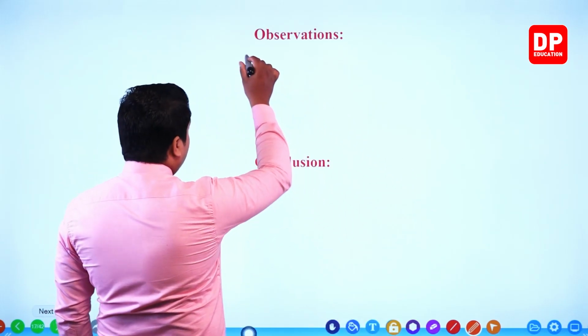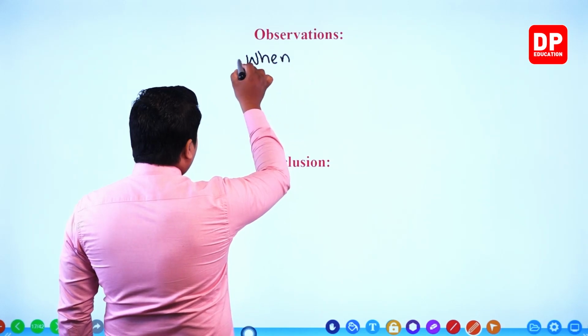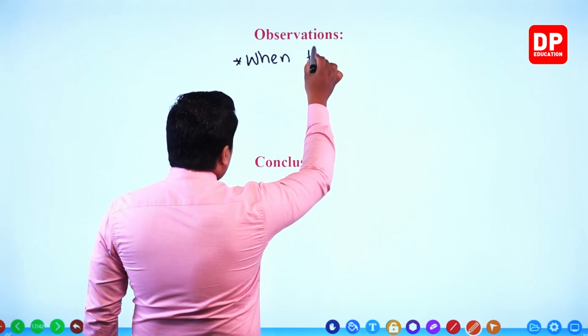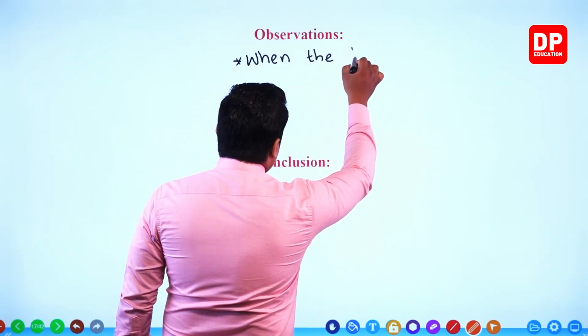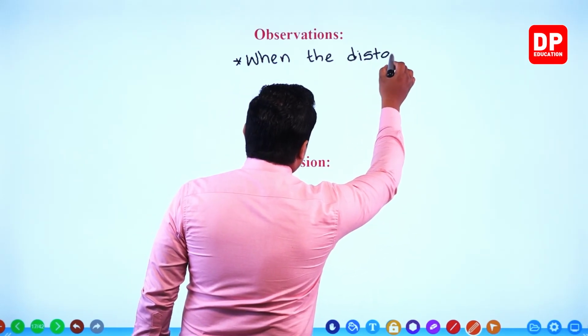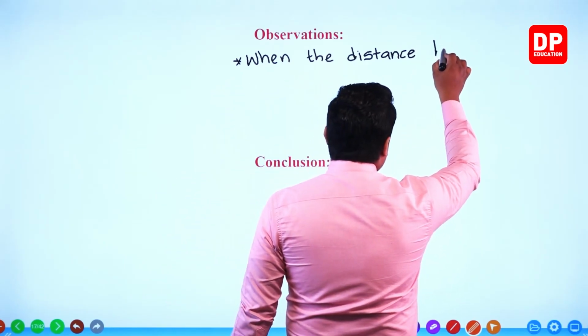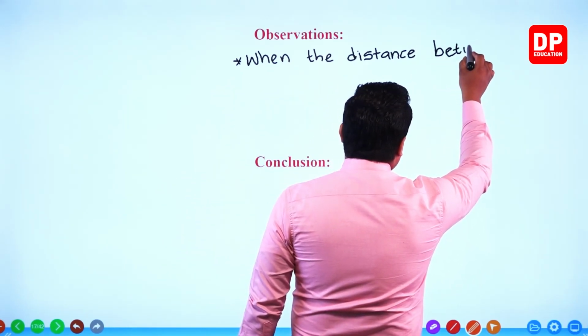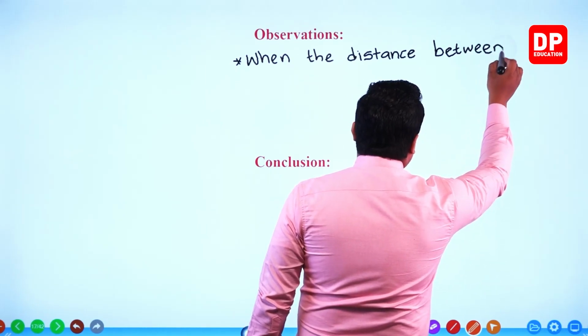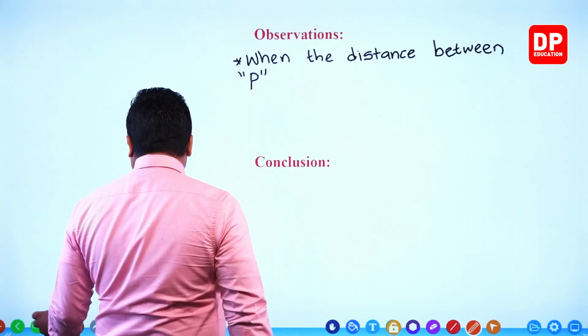Quite simple. When the distance between P, P means the wedged point, right?